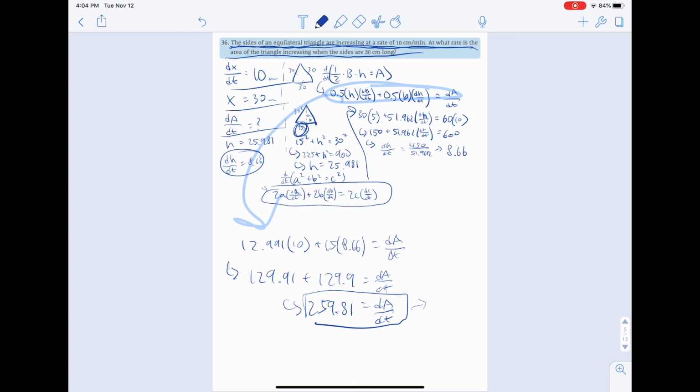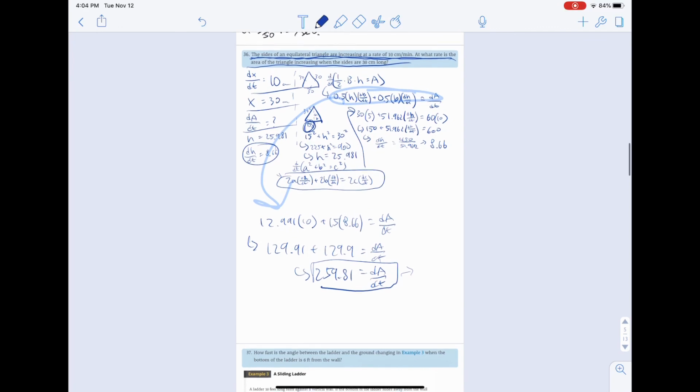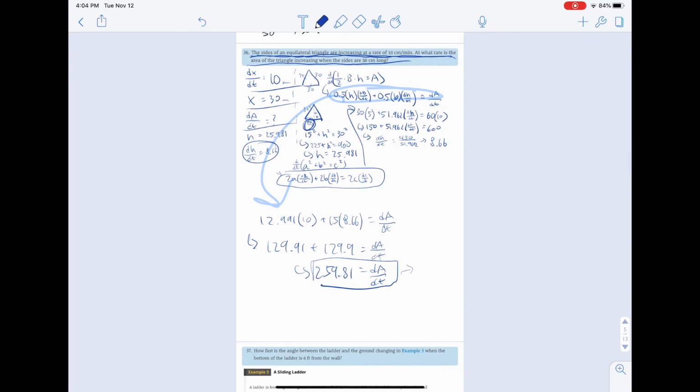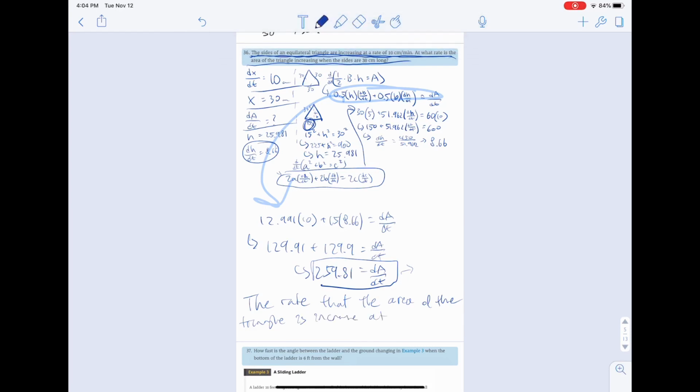All right, so let's finally write our answer down. We should write our answer similar to what the question says. The rate that the area of the triangle is increasing at is 259.81 cm squared per minute.